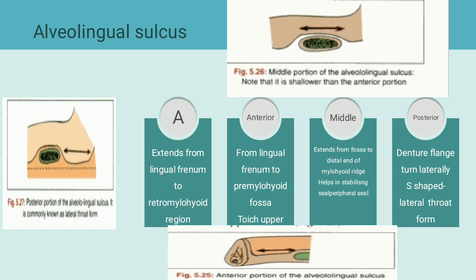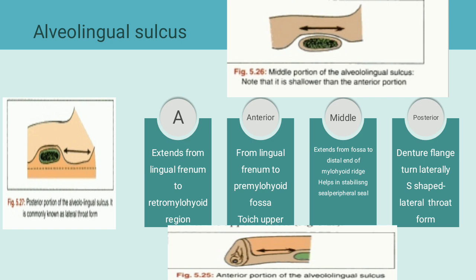The anterior part extends from the lingual frenum to the premylohyoid fossa. The middle portion extends from the premylohyoid fossa to the mylohyoid ridge. Its main function is helping in stabilizing the peripheral seal areas.